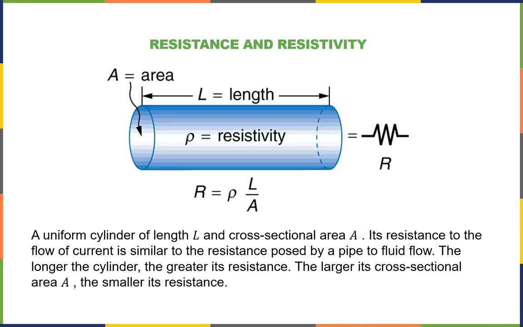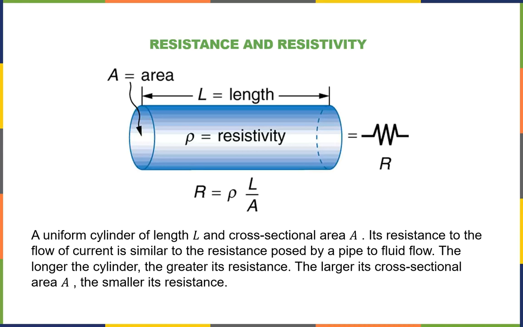So rho would depend on the specific material, kind of like the coefficient of friction. Yes. There's one more thing that I don't think I have a slide for. The resistivity also depends on temperature. When you change the temperature of a material, its resistance will also change.